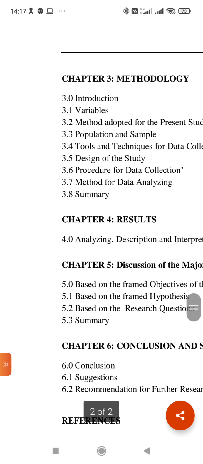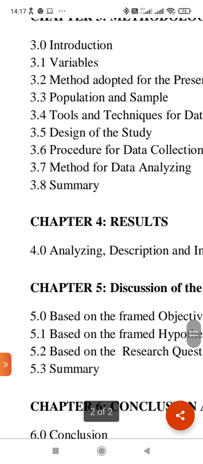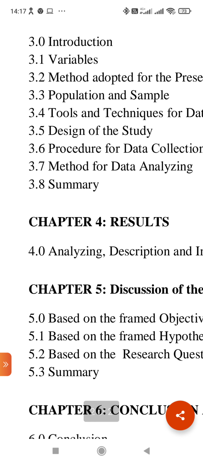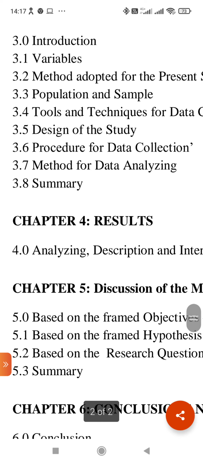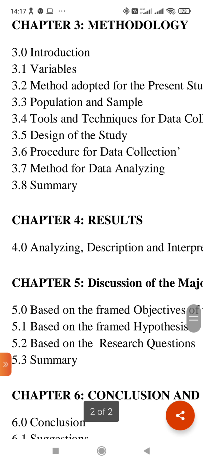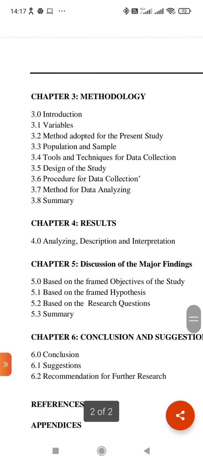So you have to mention how you are going to analyze. But in chapter 4 you have to actually analyze it. Then you have to describe and interpret. Clear? So coming to the 5th chapter, here would be the discussion of the major findings.